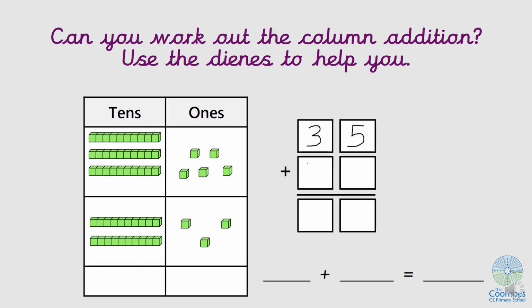We should have 2 tens and 3 ones. 23. Then, adding them all together, we've got 5 add 3 is 8, and 30 add 20 is 50.